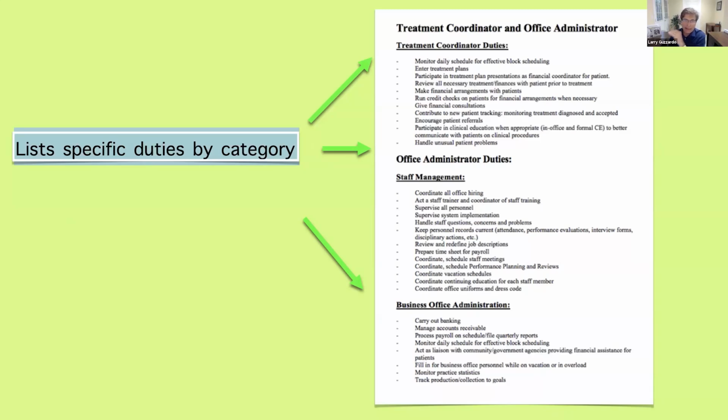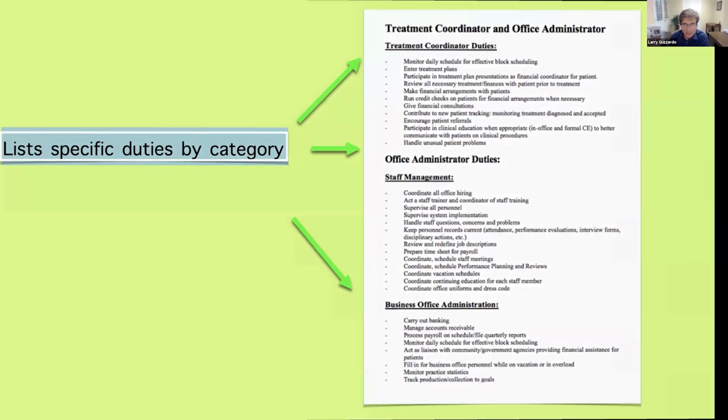But I like all the tasks of what they do in each category very clearly listed and not complicated. Don't confuse the job description for a procedures manual. A job description is what you do. A procedures manual is how do you accomplish that. So there are two different kinds of documents, and you should have both in your office.